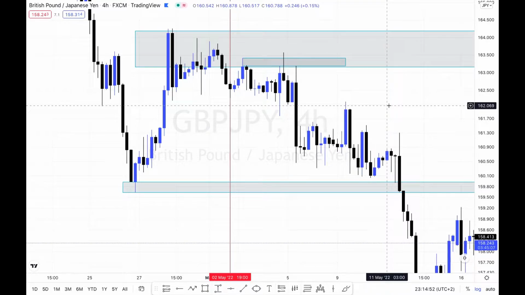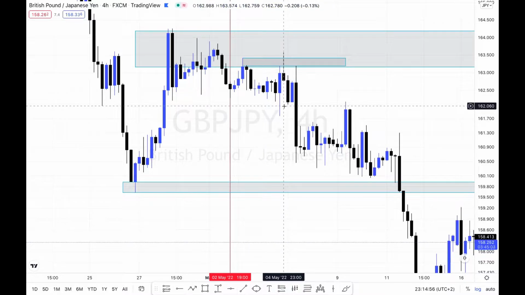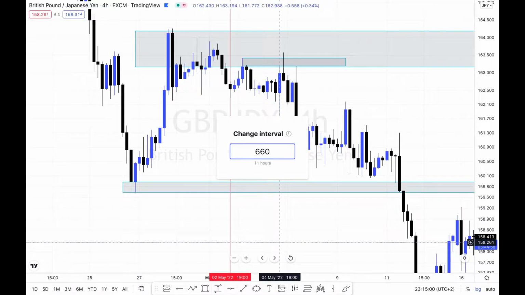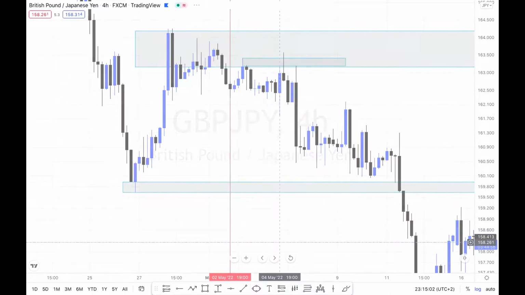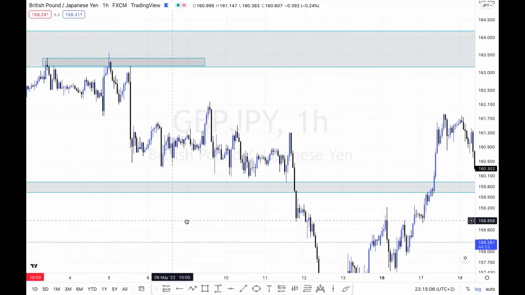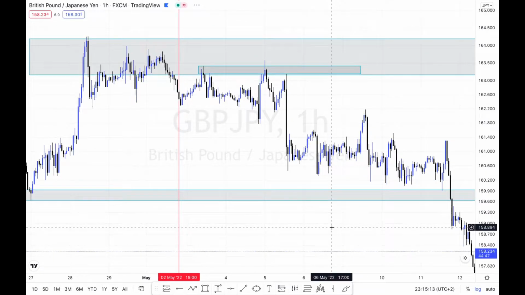Now let's go to the hourly. Right now we are just looking for the type of entries we would have taken depending on what type of trader you are. That first one, the one I just showed you on the 4 hour, a swing trader would have taken that.